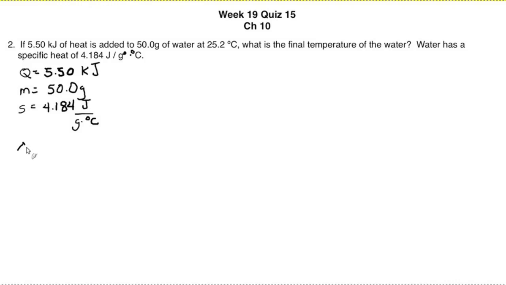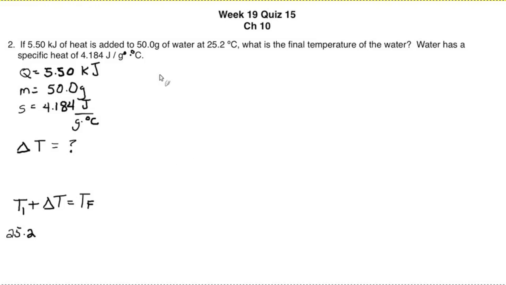So we're going to try to find delta T. That's what we're looking for. Once we find delta T, we can add it to the initial temperature and get the final temperature. Okay, and our initial temperature is given as 25.2.